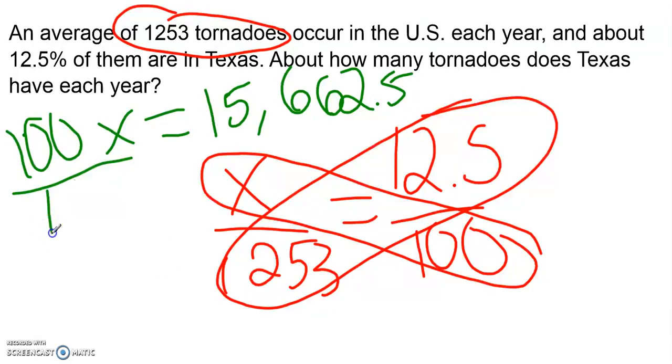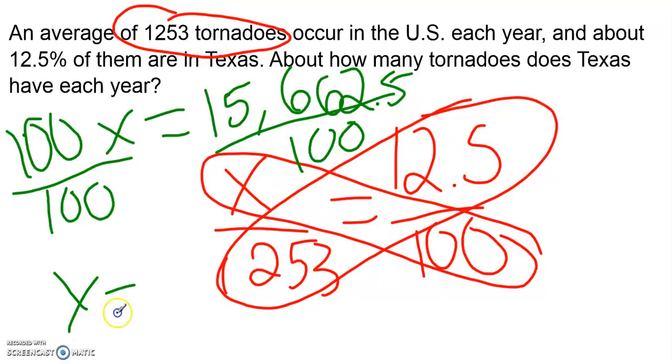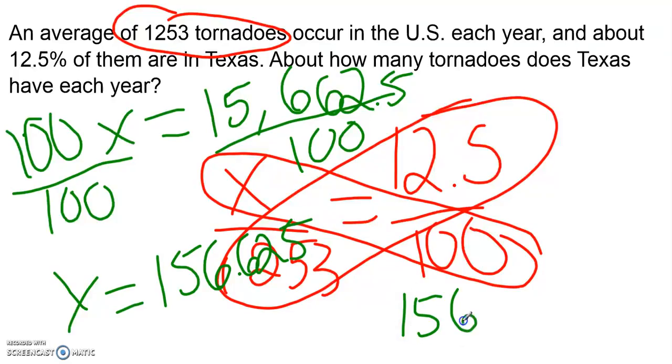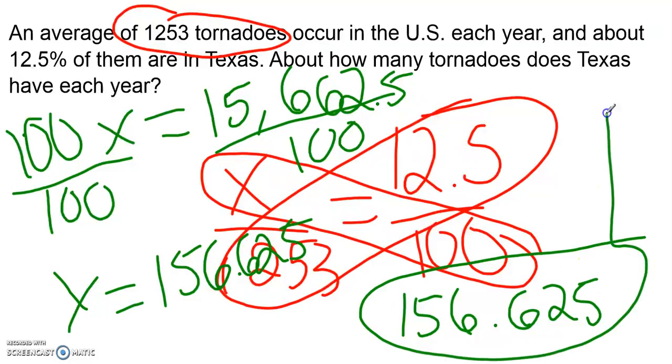I'm just lazy. Okay, divide by 100, divide by 100. If you divided that, you're going to get 156.625. So I'm going to rewrite that. So 156.625 is the amount of tornadoes that Texas gets yearly. Well, it's each year, so yearly.